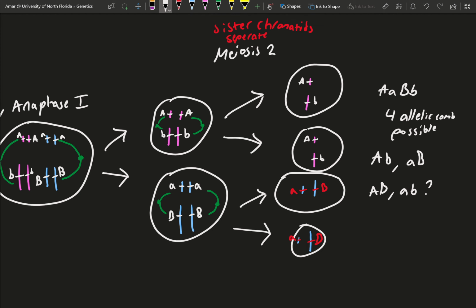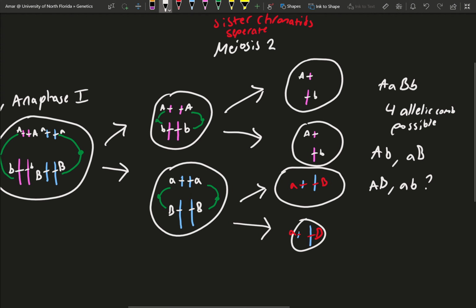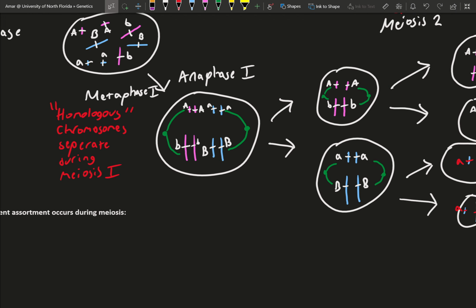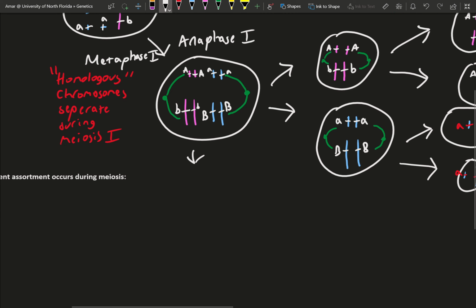The way you can think about this for the law of independent assortment is we come back to this figure right here during metaphase 1. Remember that cells don't actually have directionality, and the chromosomes line up randomly across the metaphase plate.